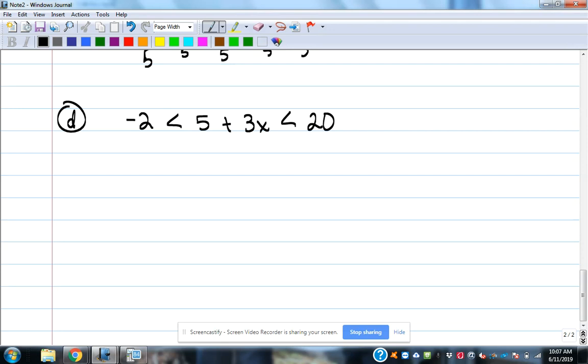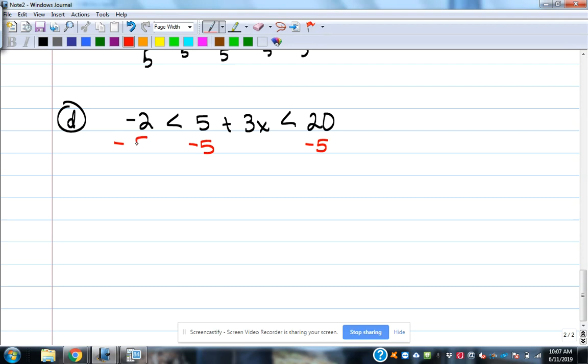Okay. So we think, okay, if I just covered up this, how would I solve that equation or that inequality? What would be the first step? Be subtract 5, right? Okay. So I'm going to do that. I'm going to subtract 5, but I'm not going to just do it to the 20.